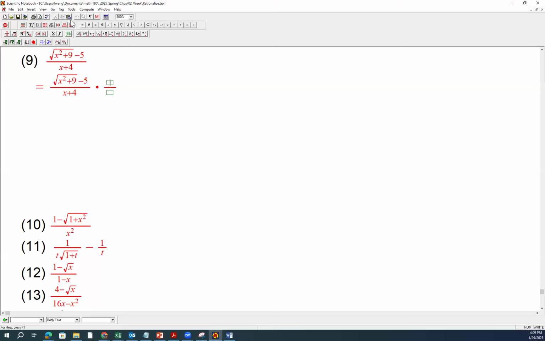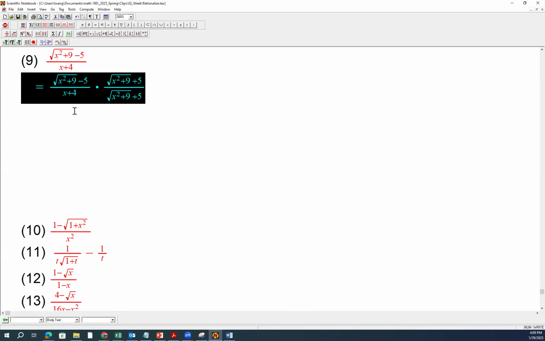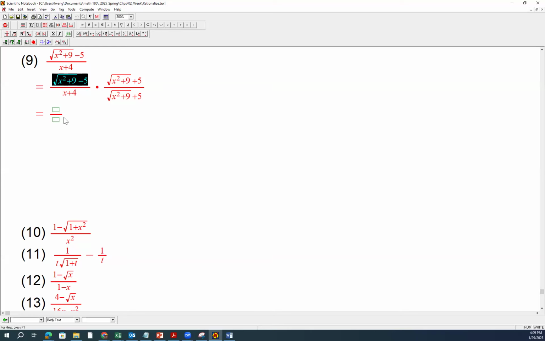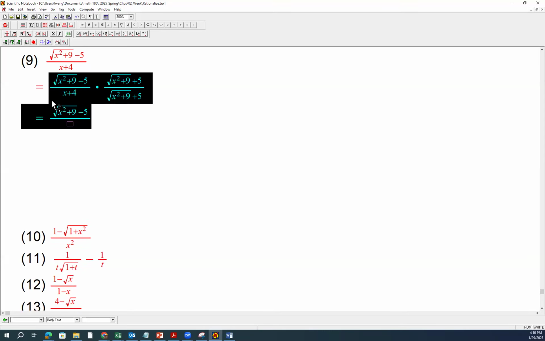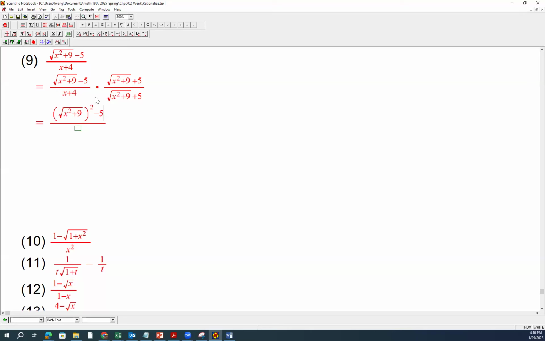So the conjugate is going to be plus 5. Okay? And our next step, denominator times denominator, numerator times numerator. So on the numerator, we're just getting a squared minus b squared, right? We're applying that formula that you are already familiar with.